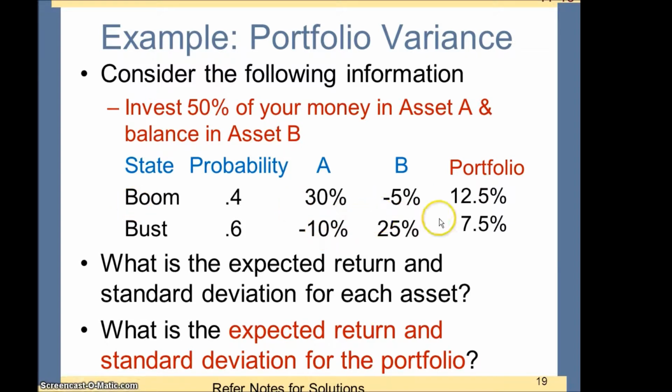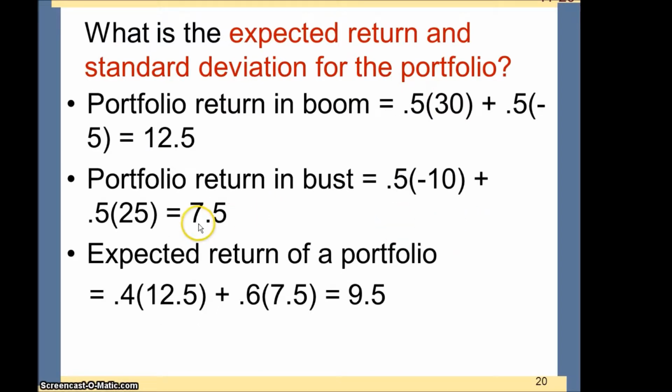Now, what about if the state is a bust? So 0.5 times negative 10% plus 0.5 times 25%, you'll get 7.5%. That is the portfolio return in the bust. Now we want to combine both boom and bust states, right?